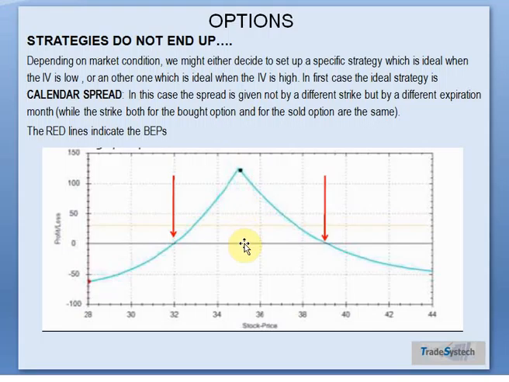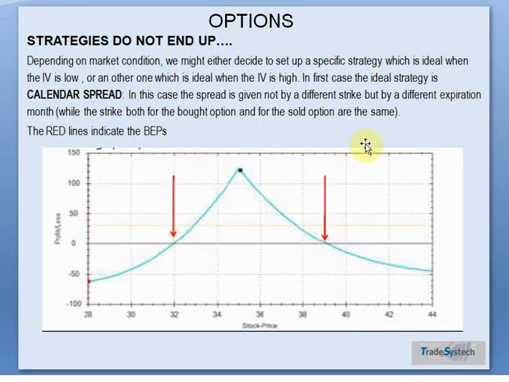I sell a front month option and I buy an option with an expiration month which is 1, 2, 3 months later than the expiration month of the option which is sold. That's how this strategy works. But I don't want to go too much into detail because it's a long discussion. Once again, we give all the possible details, examples and trading during our training, our courses.